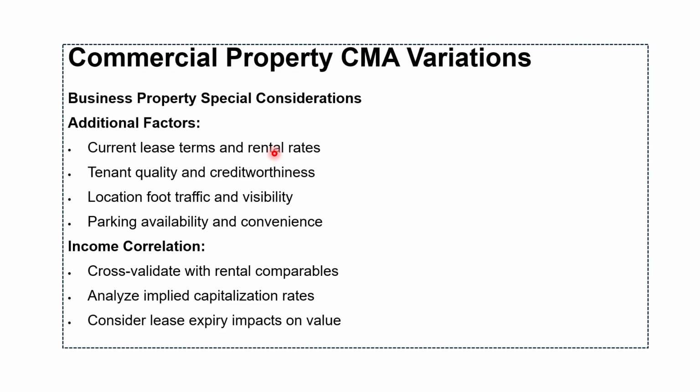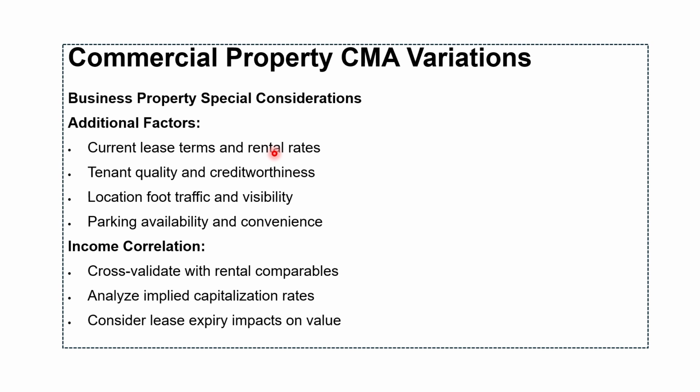Then location, foot traffic, if it's a commercial mall, then location will definitely play a key role in foot traffic and visibility. And then parking availability and convenience. So all these are some additional factors here.